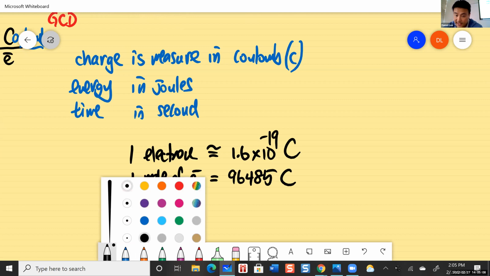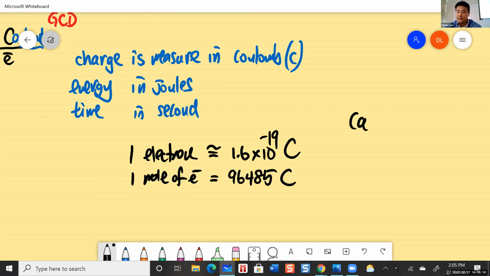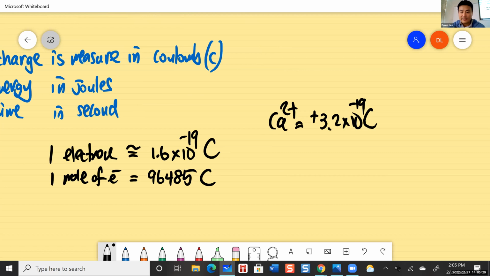So when we say calcium is 2+, that is technically 3.2 times 10 to the negative 19 coulombs. Would you rather say calcium is 3.2 times 10 to the negative 19 or just say 2+? We want to use 2+. It's too difficult to constantly call calcium 3.2 times 10 to the negative 19. This is the actual charge, but we don't use it.